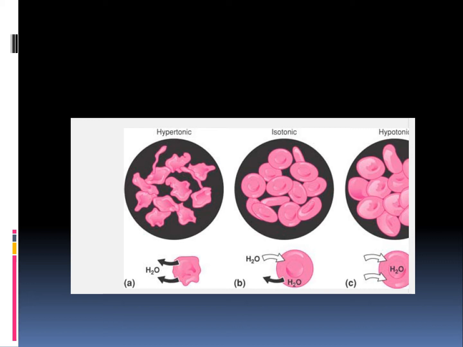When they are kept in isotonic solution, it will have no effect on RBC because the same amount of water which enters the RBC will also leave the RBC. And in hypotonic solution, RBCs will swell and ultimately get ruptured because the water from the outside environment enters the RBCs.